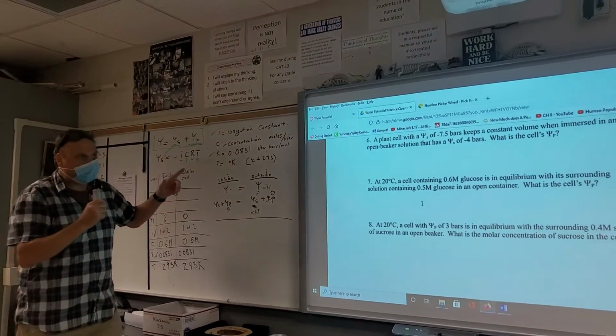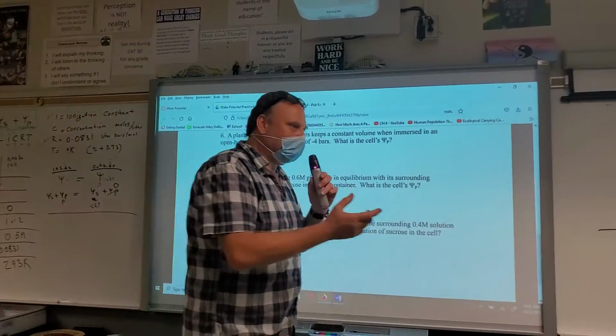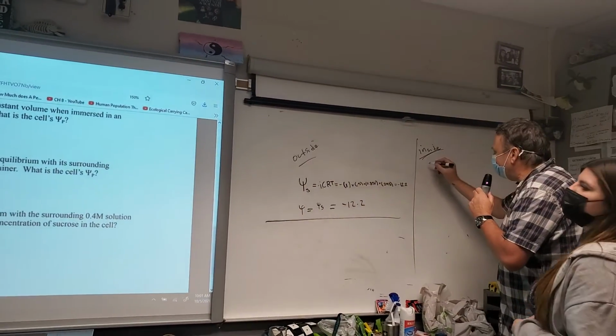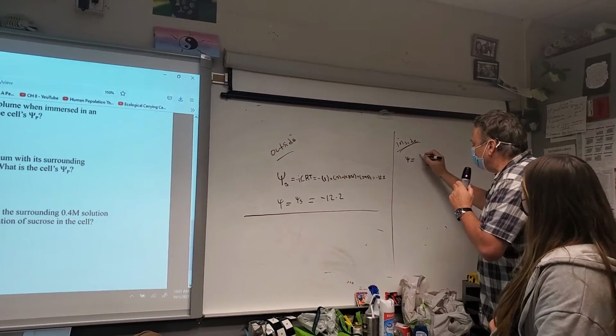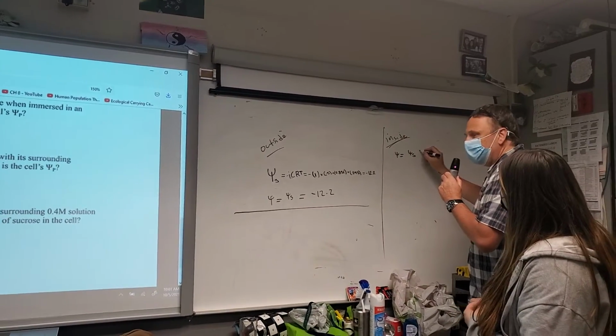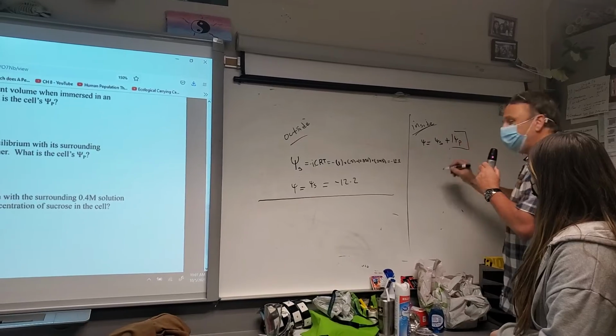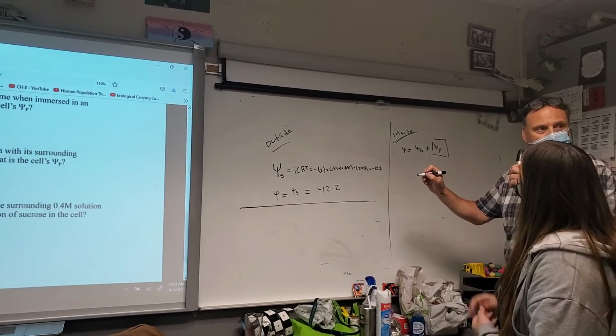So now we can go inside the cell. We can say that psi inside the cell equals psi s plus, here's the golden one we want, psi p, right?